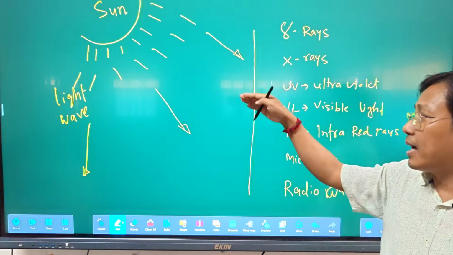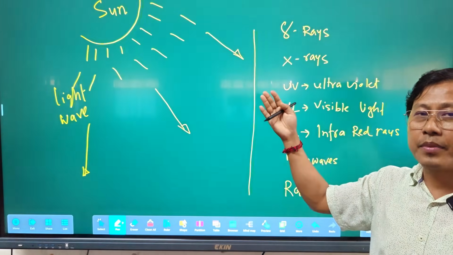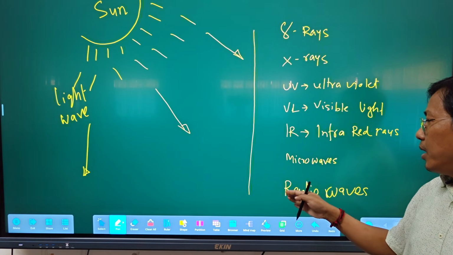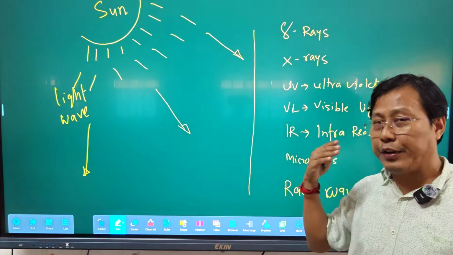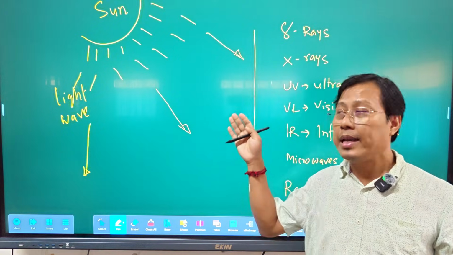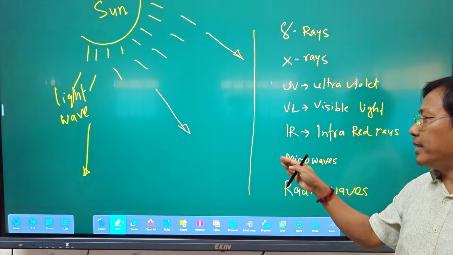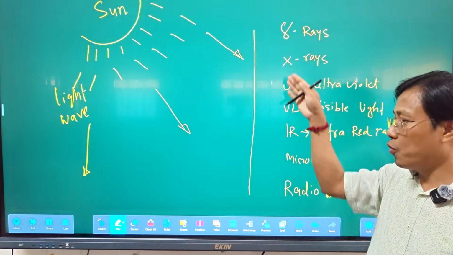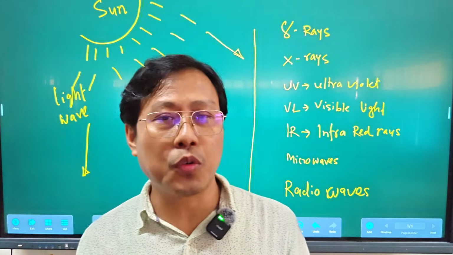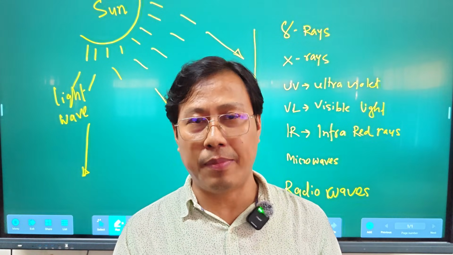We are getting them in terms of different spectrum, because all these waves have different values of wavelength. So depending on the value of wavelength, they change their properties. All these waves provide different properties due to their different wavelength.